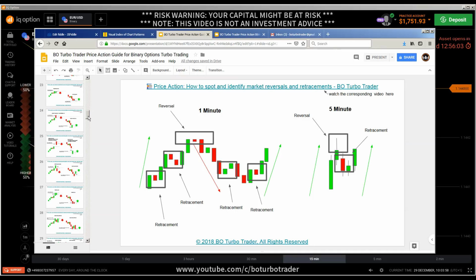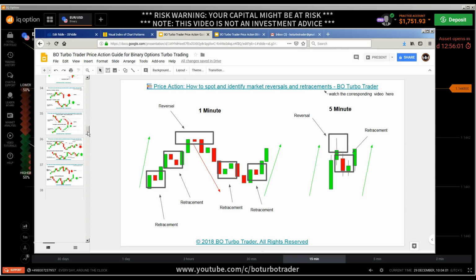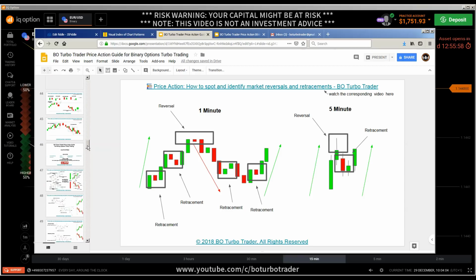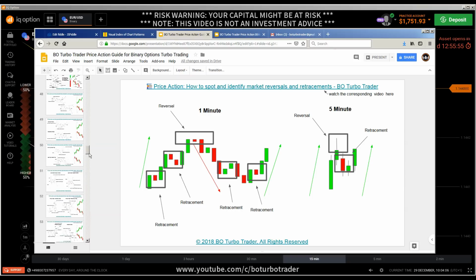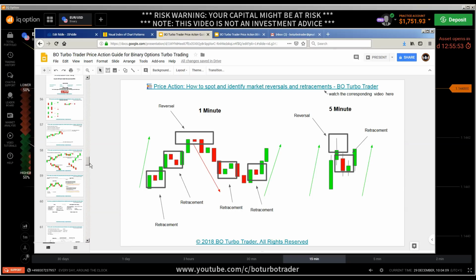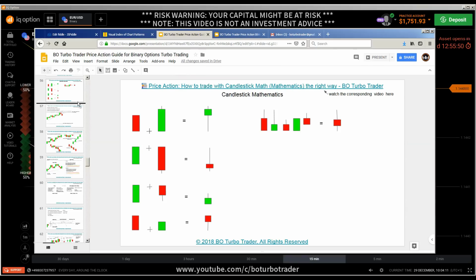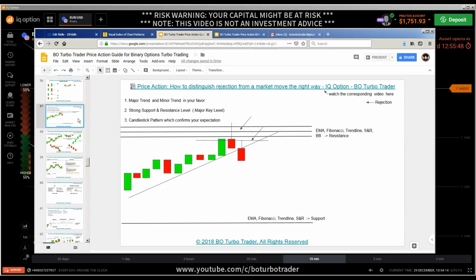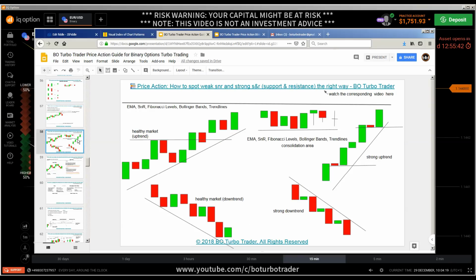Apart from the candlestick patterns and chart patterns explained in this ebook, you should also know the candlestick math, the four keys: the trend, the key level, the candlestick pattern, and the rejection. And the market condition, because every candlestick pattern and chart pattern behaves differently in different market conditions, so it's important that you can recognize the market condition, so that you know what kind of trades you should trade in these different market conditions.